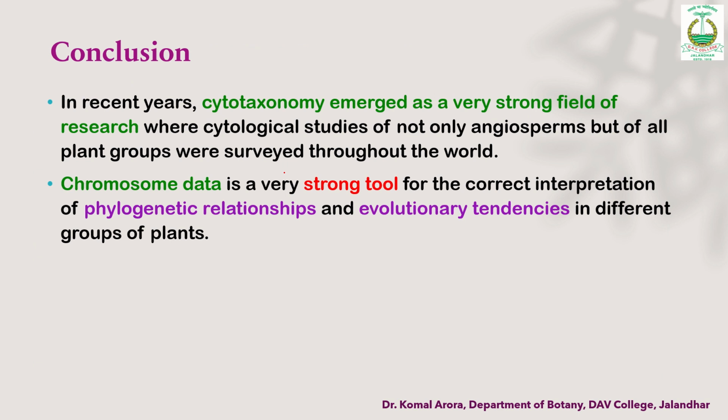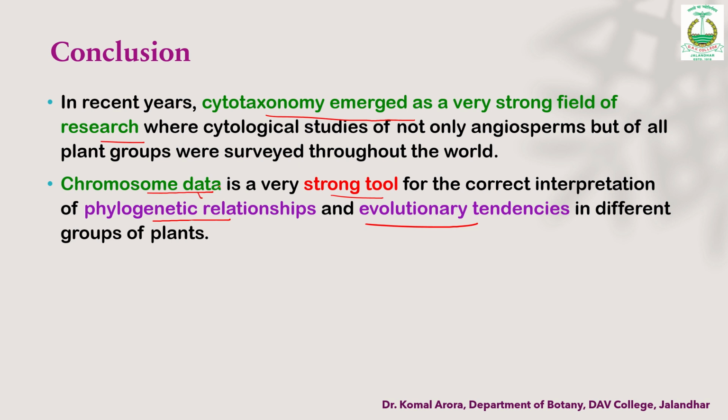So we can conclude from this discussion that cytotaxonomy has emerged as a very strong field of research as far as the categorization or identification of different angiosperm families is concerned. Chromosomal data is a very strong tool for the correct interpretation of phylogenetic relationships and evolutionary tendencies in different groups of plants.